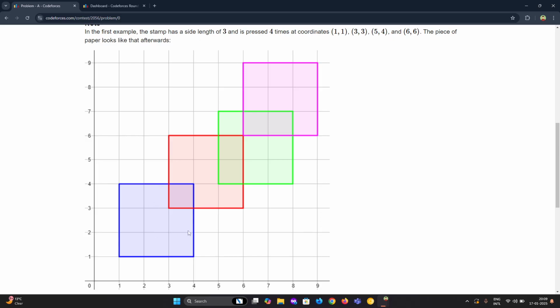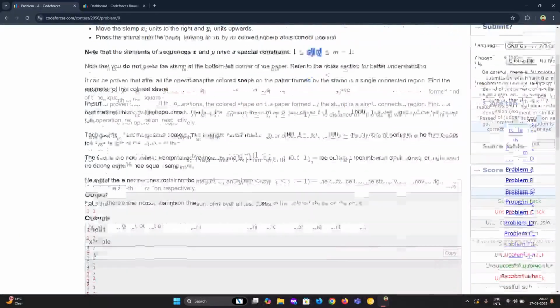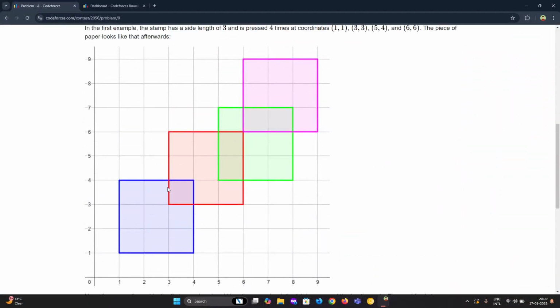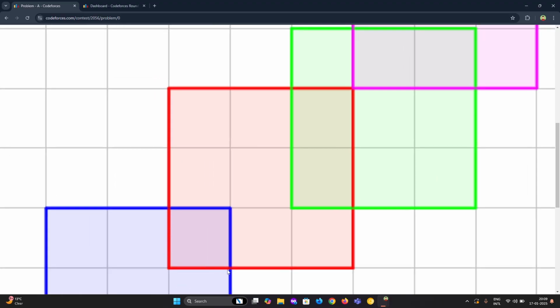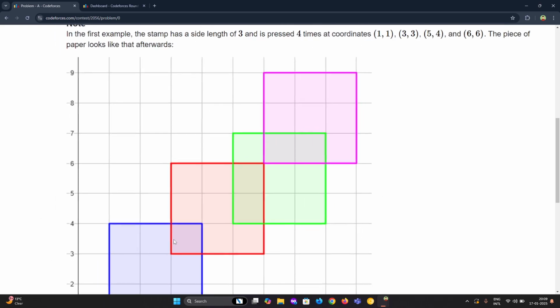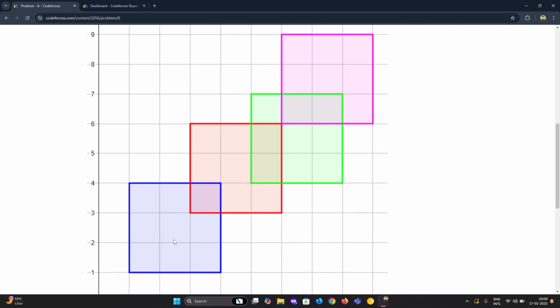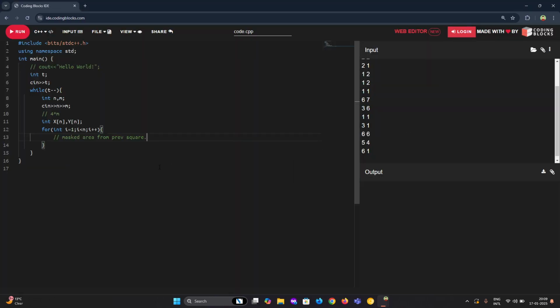So this is the square, and then the next square at least has to move one above, so that would make no overlapping of these two. So we just have to find the overlapping of this part, and this can be calculated easily by subtracting.